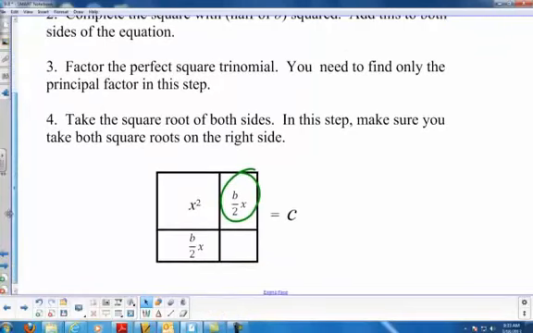Once you find that, you know that your factored form is the x squared plus the half of bx, and then you can FOIL it out.